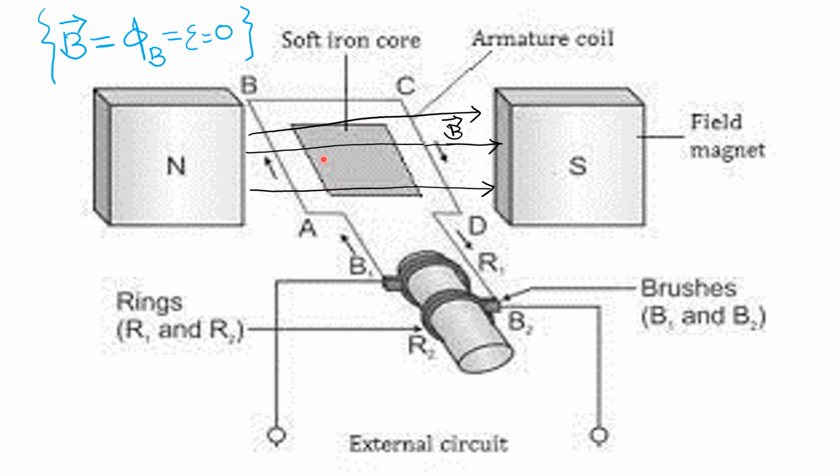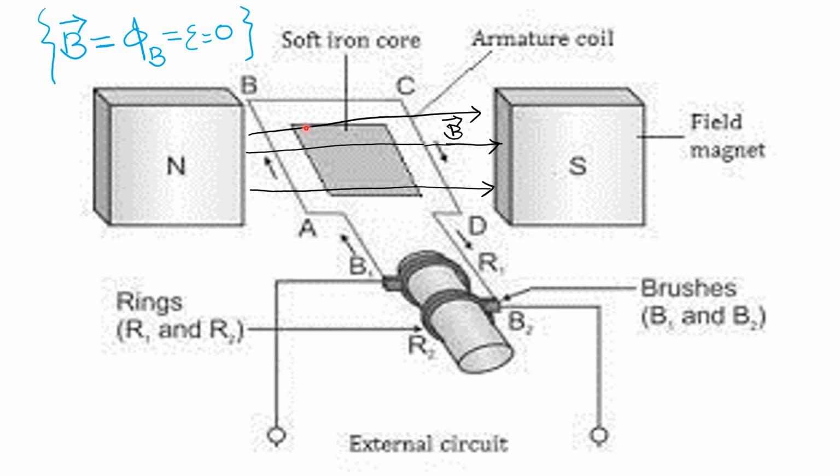If the armature is static, not moving, and the magnetic flux is uniform, meaning the magnetic field lines are also uniform, then there will be no generation of an electric current and induced EMF.